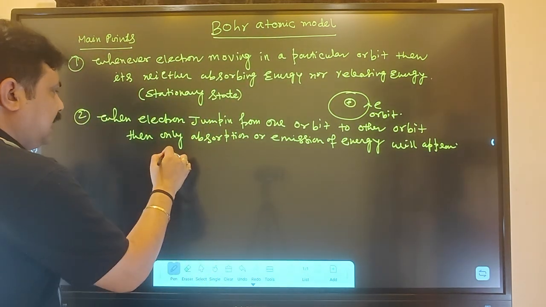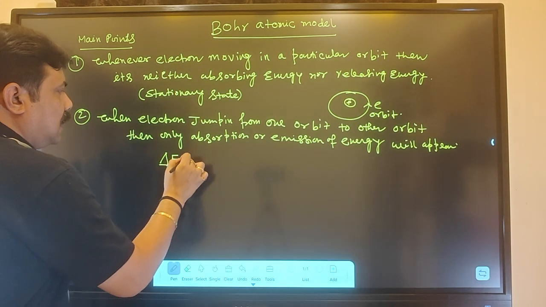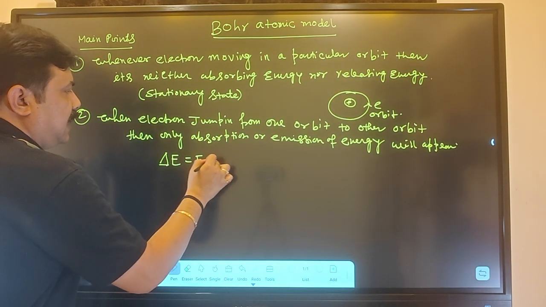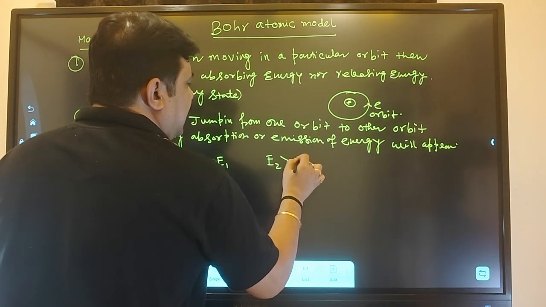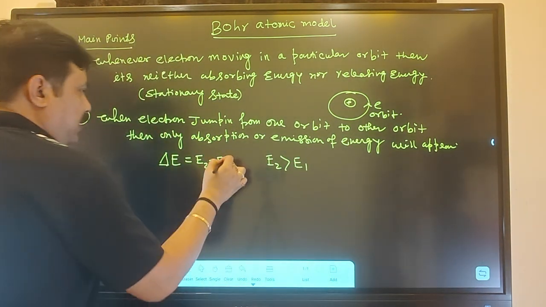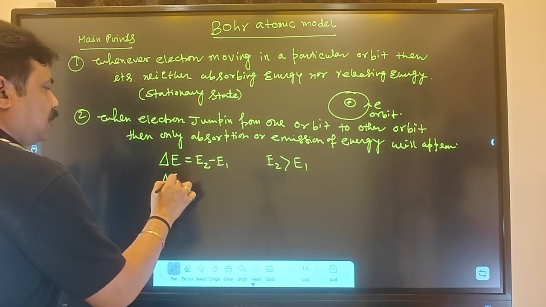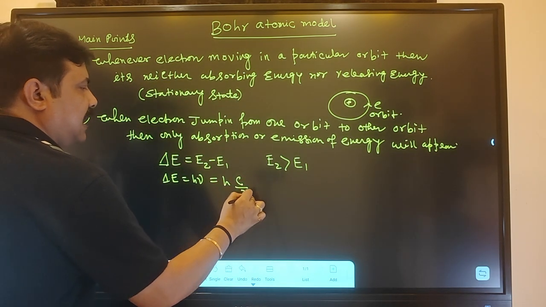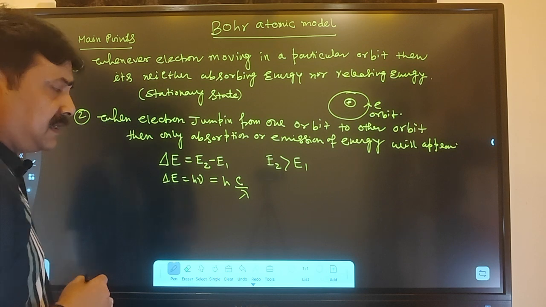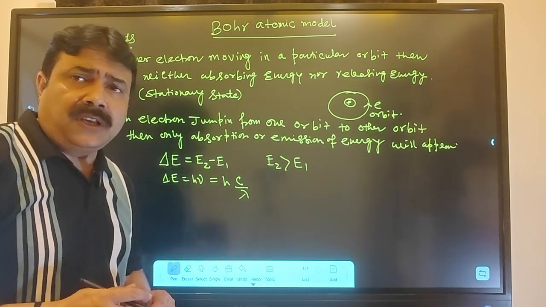And now that delta E will always be equal to the difference of two energy levels, like E2 minus E1. I am saying E2 has a higher energy than E1, and we always know delta E equals h nu, which is nothing but hc by lambda. Nu is the frequency, h is the Planck constant, c is the velocity of light.